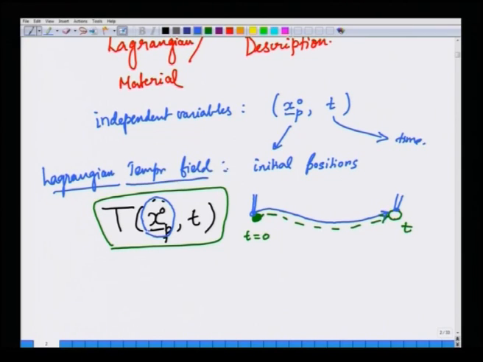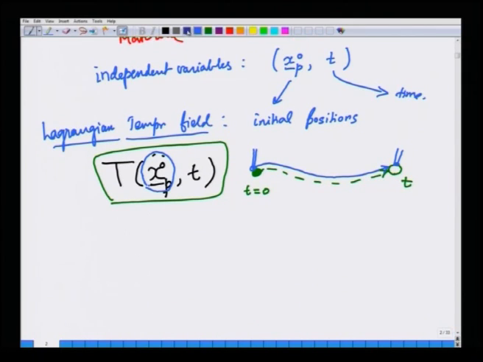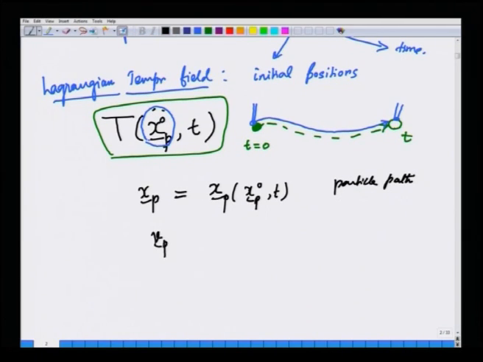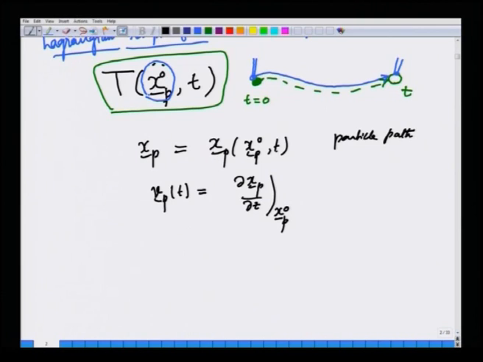So, what is the advantage of the Lagrangian description? We have the current position of a particle as a function of its initial position and time. This is called the particle path, or the particle trajectory, or simply the motion of the particle. Now, I can calculate the velocity of the particle at a later time by taking the partial derivative of the particle trajectory, keeping x p naught constant, because x p is a function of x p naught and time.